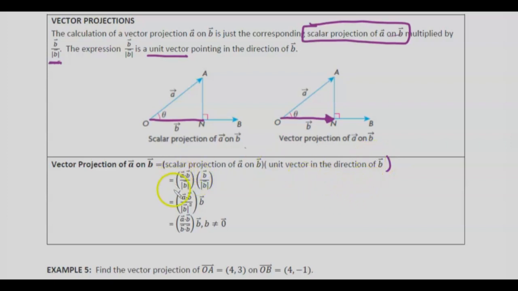So this here is our equation for our scalar projection. Then this here is going to be our vector B over the magnitude of vector B. If we collect these two in the denominator, that gives us the magnitude of vector B squared.